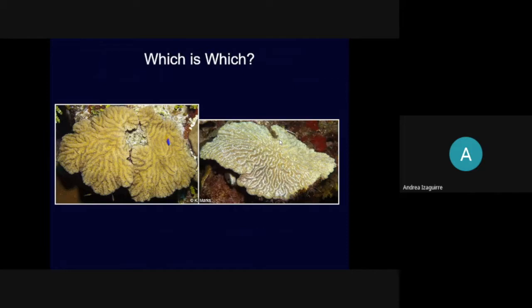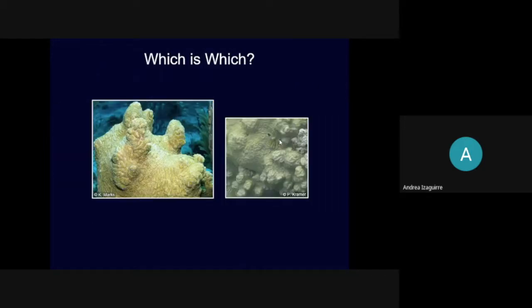But in my picture on my right, I'm going to have my Meandrina jacksoni, because it has those wide valleys and shorter walls. Just by looking at it, there's so much white in this picture, I know that this is going to be my Meandrina jacksoni. Again, there's nothing wrong with this coral, completely healthy. That's just the way that it grows. Okay.